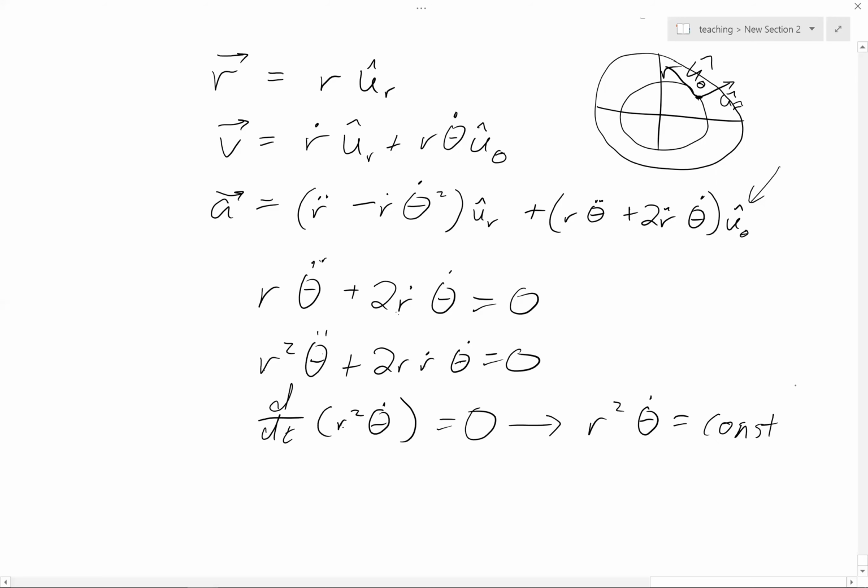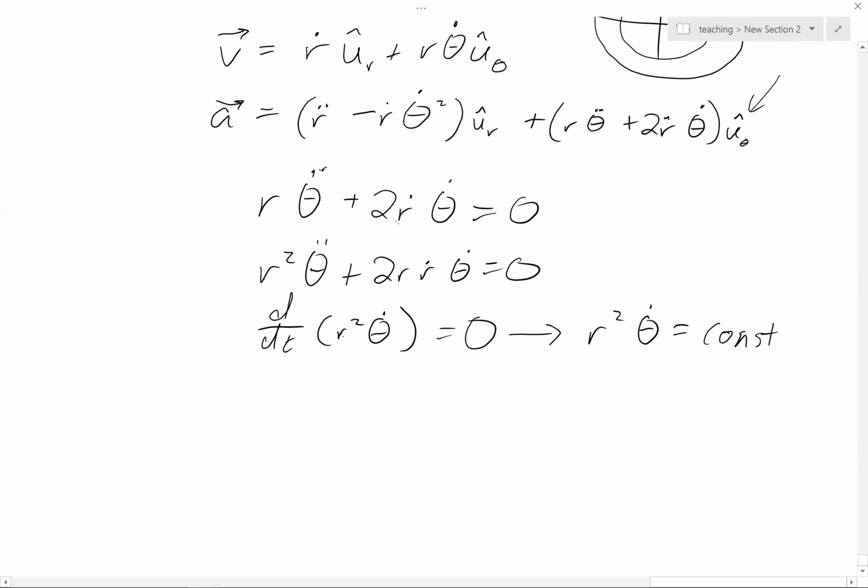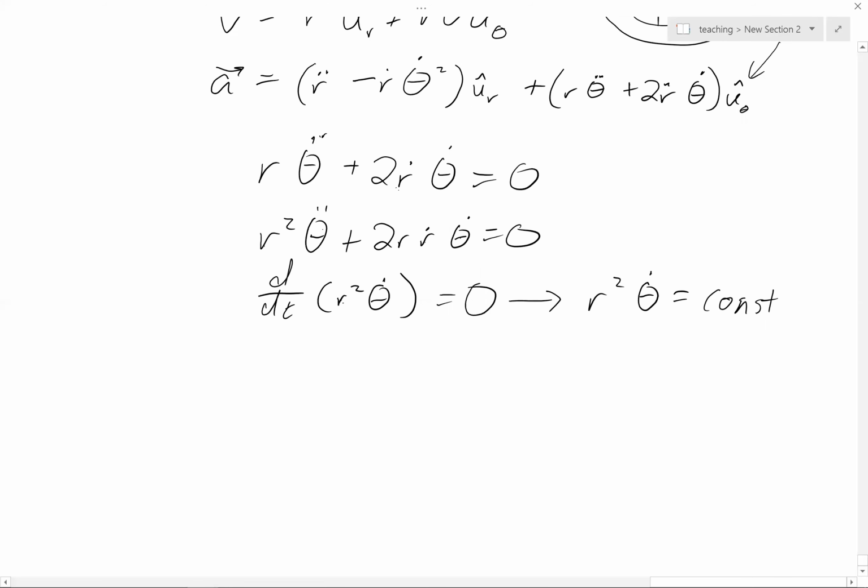And going back to the angular momentum idea, I'll use the physics notation for angular momentum, just because I need a letter. If I multiply this by mass, it's still constant. So another way to say this is that m r squared theta dot is L, the angular momentum.